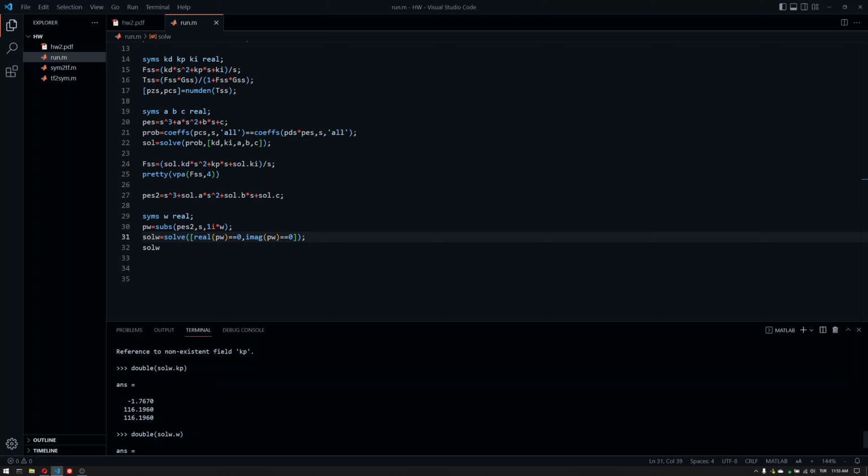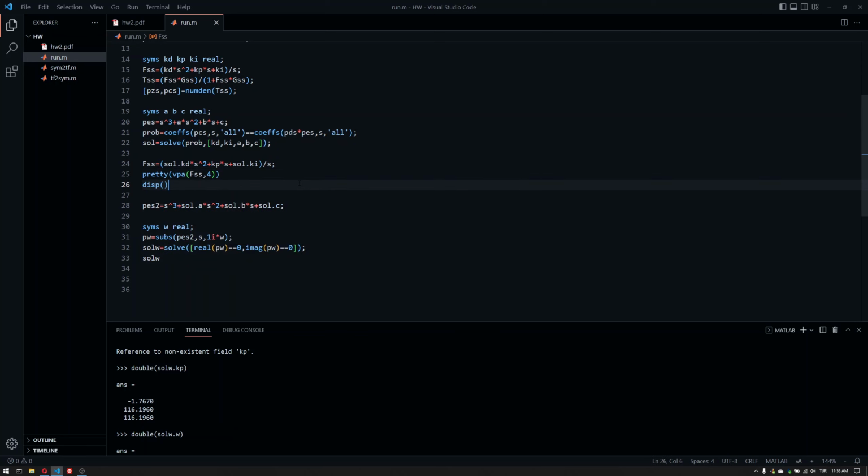So based on this, we can say that all the controllers, when we use this here, should be in the interval 1.767 < kp < 116.196. I'm going to erase this part here because it's not really that important. We have already worked it out.